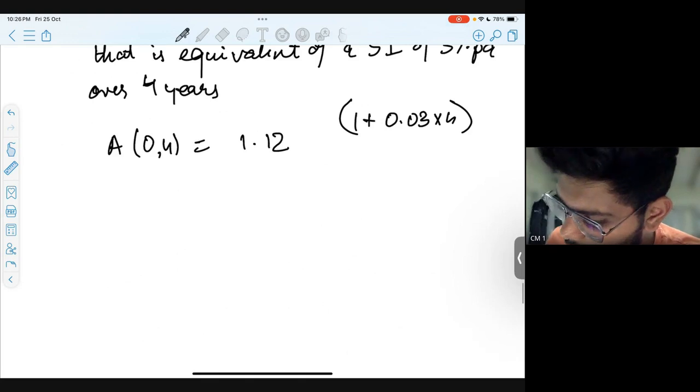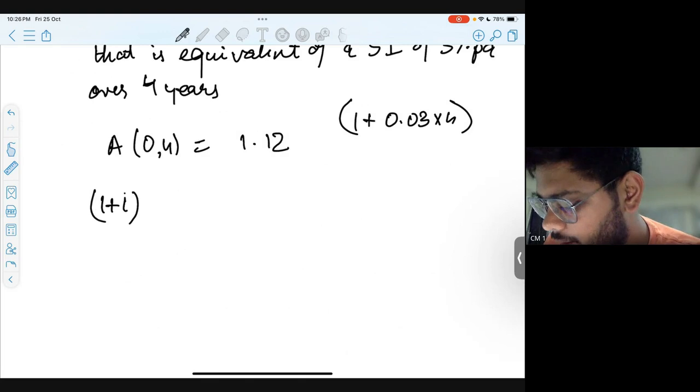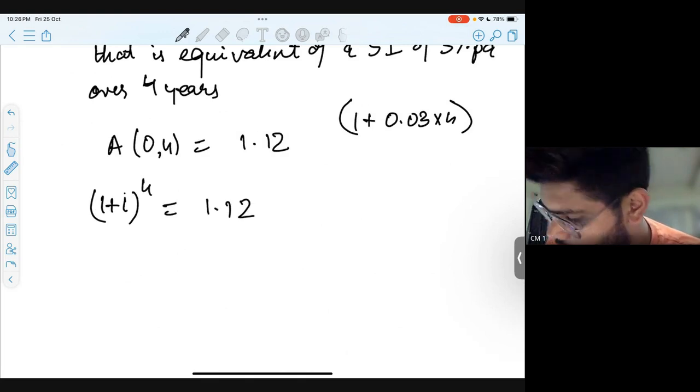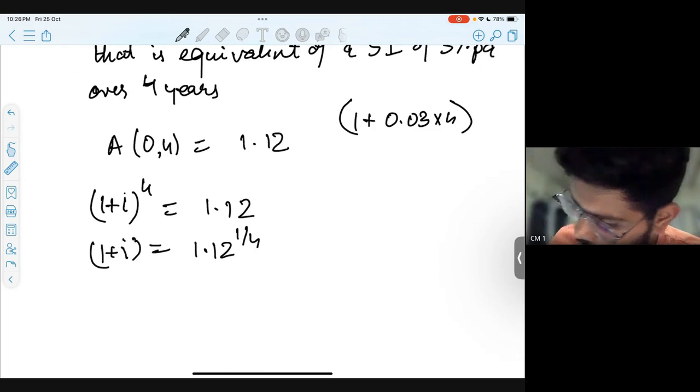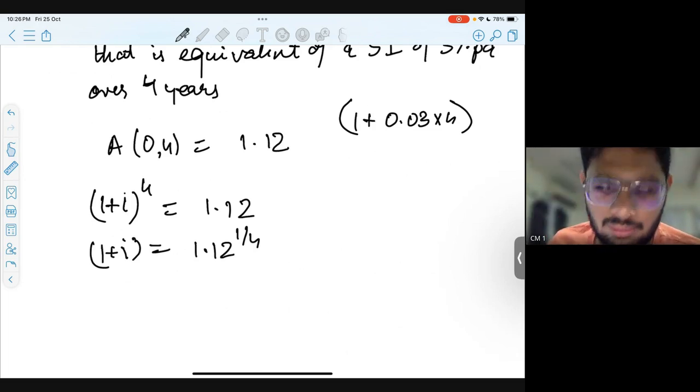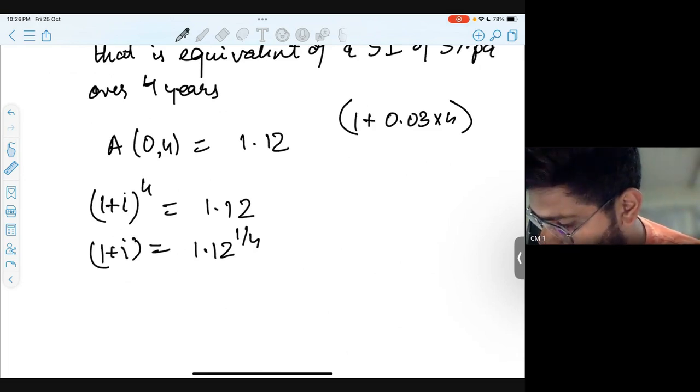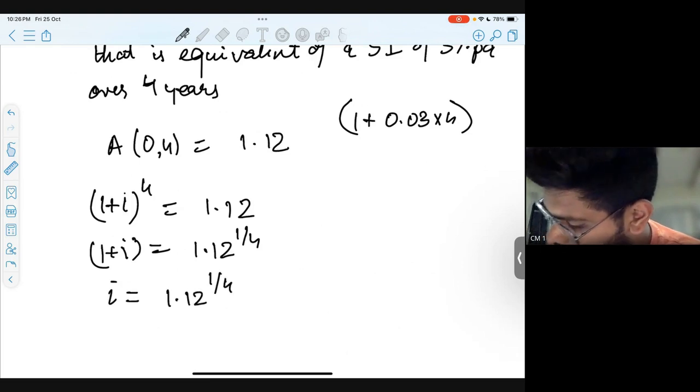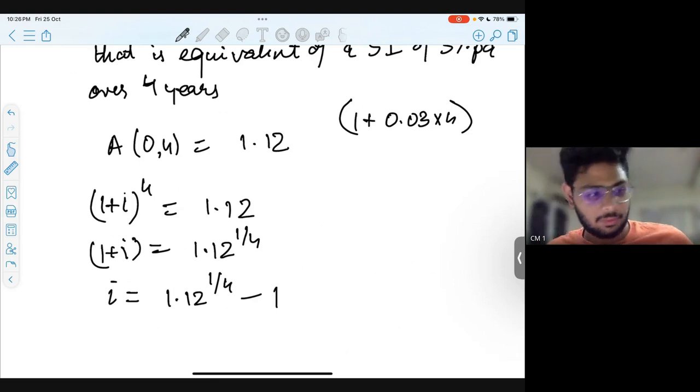Now, to get the same accumulation from compound interest, it will be 1 plus i whole power 4 is equal to 1.12, which is 1 plus i equal to 1.12 the fourth root, or का 1/4 power. So i is equal to 1.12 fourth root minus 1. ठीक है?